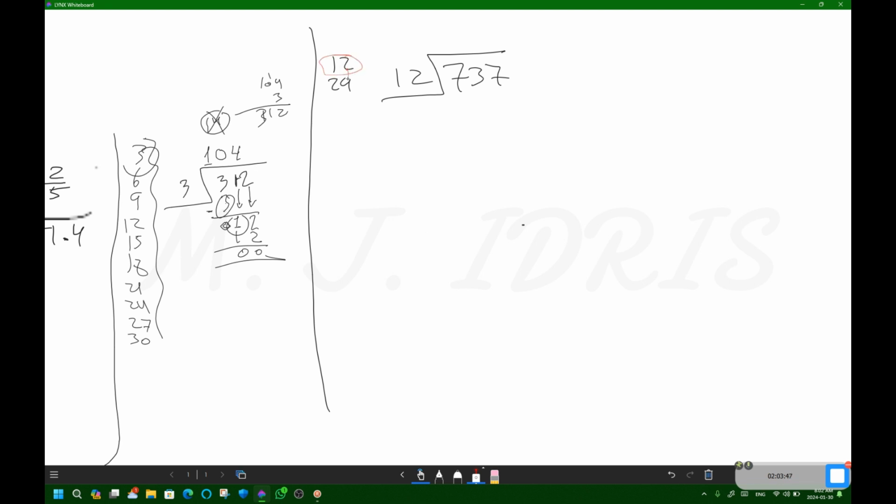2 plus 4 is 6, 1 plus 2 is 3. Then I don't look at this here. I start with the top 12 and add it to 36. 2 plus 6 is 8. 1 plus 3 is 4. 2 plus 8 is 10, 0 and 1 in hand. 1 plus 1, 2 plus 4, 6.